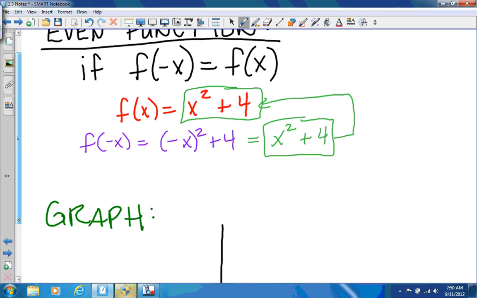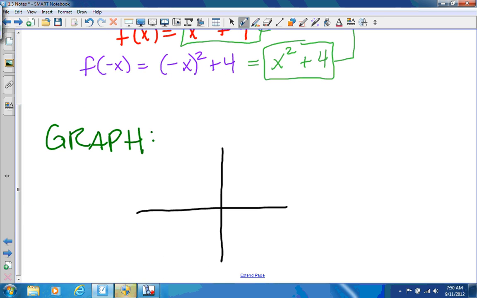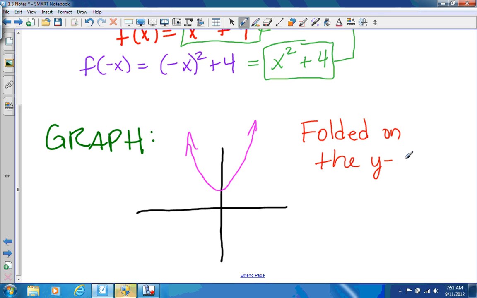Now if you look at it graphically, x squared plus 4 would look like this. And an even function can be folded on the y-axis, or it's symmetric to the y-axis.